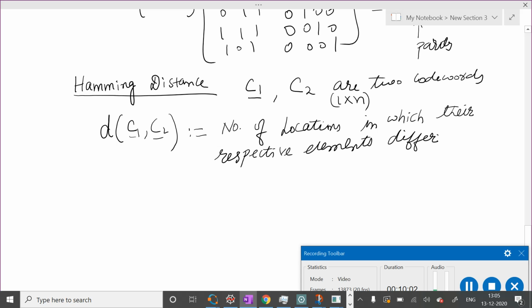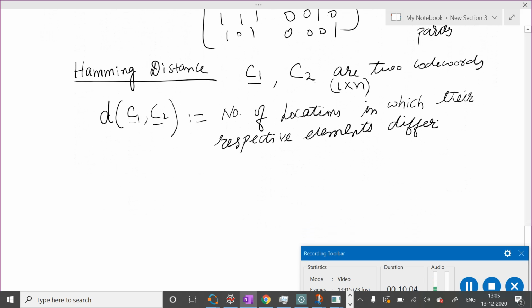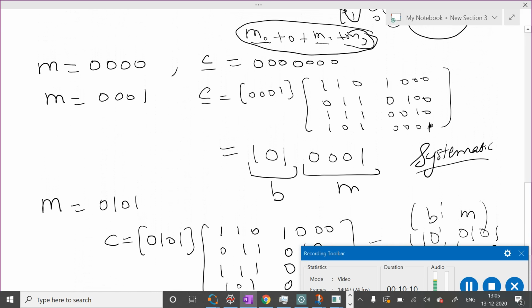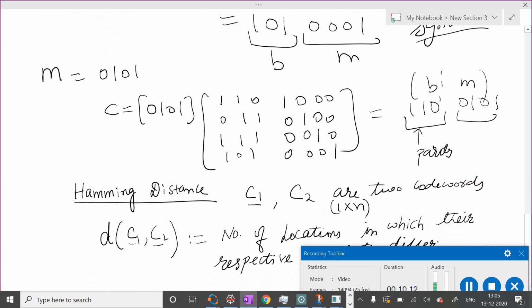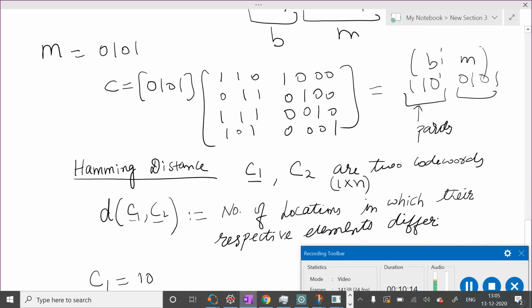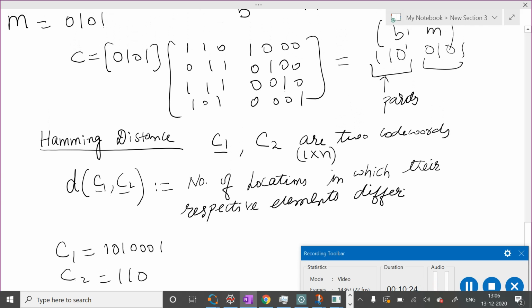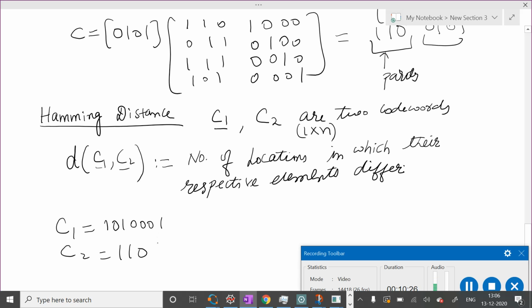As an example, suppose I take the above code word C1 as 1010101, and C2 as 1100101.